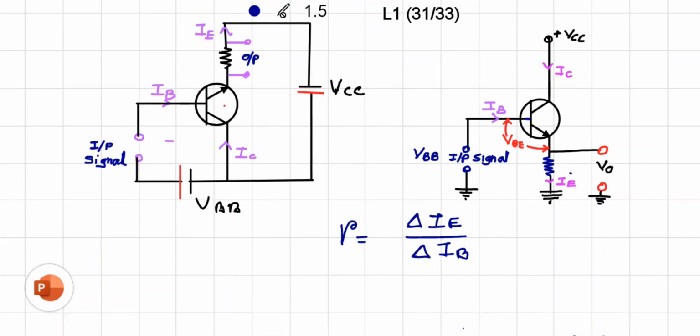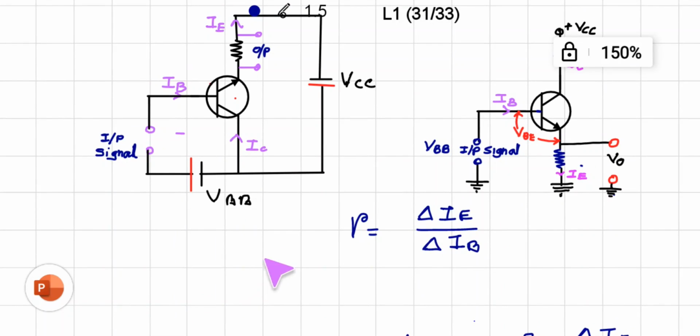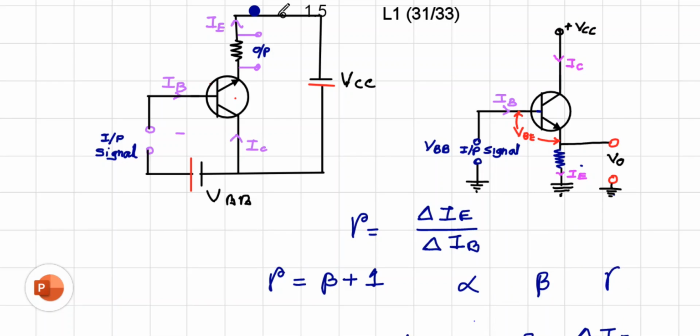Remember that the relation between gamma and beta is gamma equals beta plus 1. So far we saw alpha, beta and gamma: alpha for common base is the ratio IC upon IE, beta for common emitter is IC upon IB, and gamma for common collector is delta IE upon delta IB.